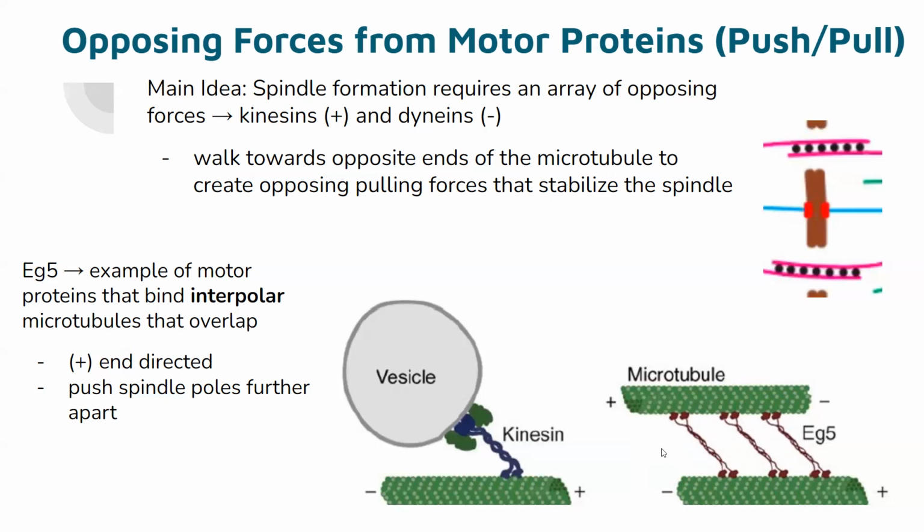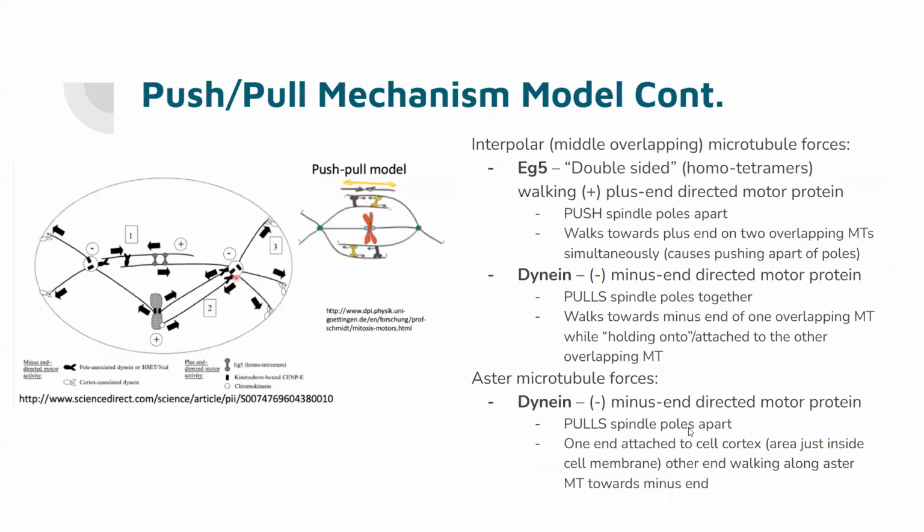And slide. And so that's what this means right here. So the minus end of this microtubule is being pulled in this direction, and then the plus end of this microtubule is going that direction. And so, you guys remember, if you remember well about the MTOCs, they are minus ended, right?